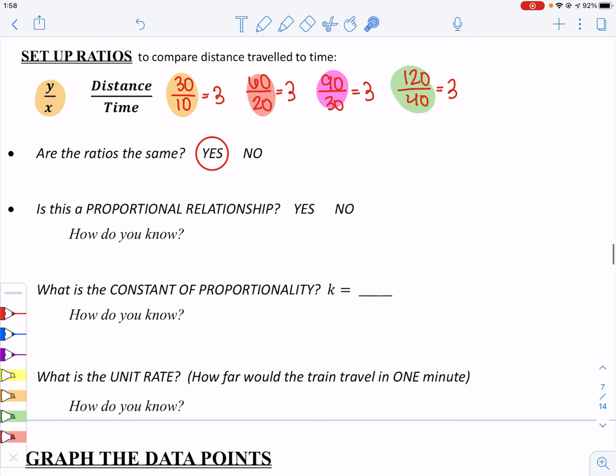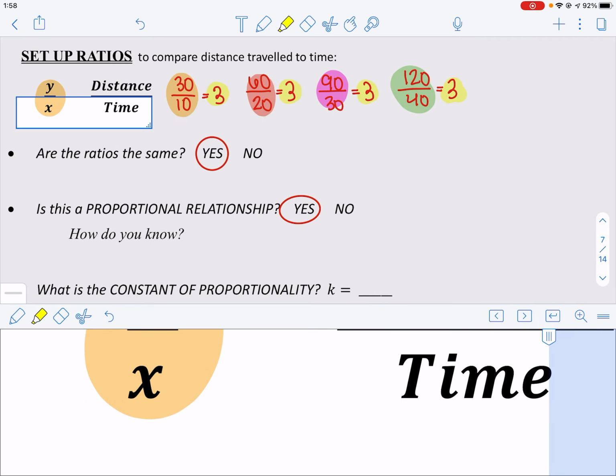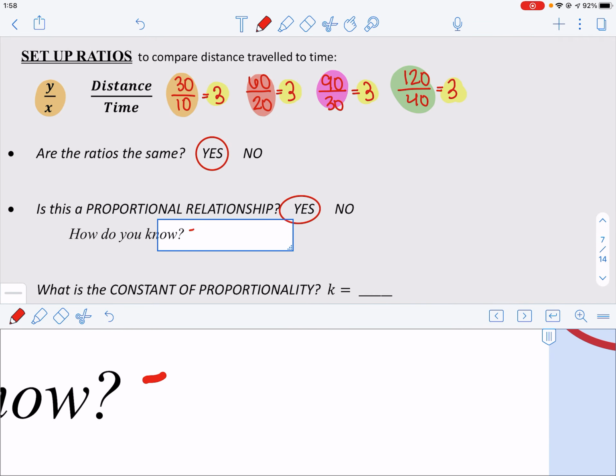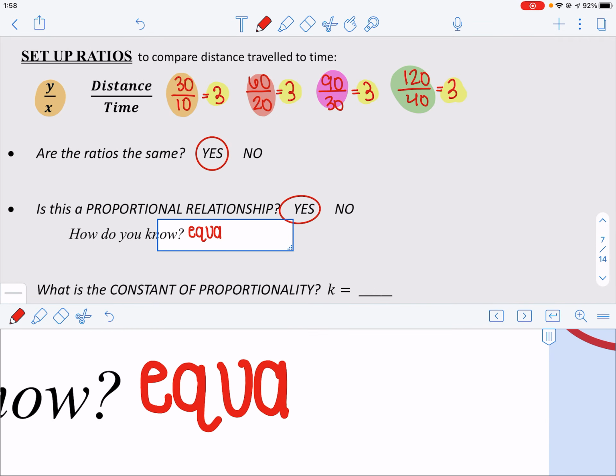Okay, so then it's asking, is this a proportional relationship? Yes, we know it's a proportional relationship because of these 3's. I got a 3 every single time. So yes, it's proportional because I have equal y over x ratios.